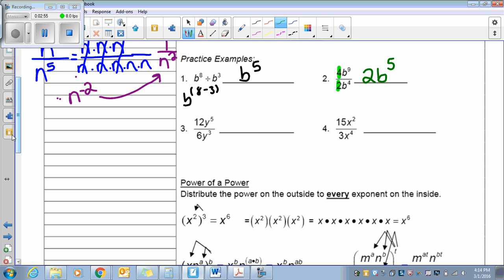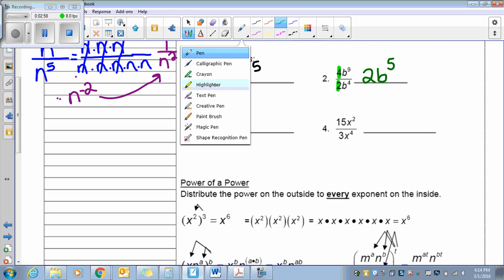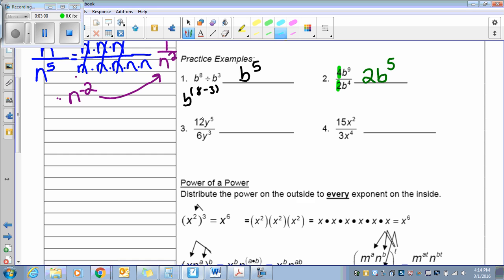For number 3, again, we can look at our coefficients. So we have 12 divided by 6. 12 divided by 6 gives us 2. And then we have y to the 5th divided by y to the 3rd, which would give us y to the 2nd.